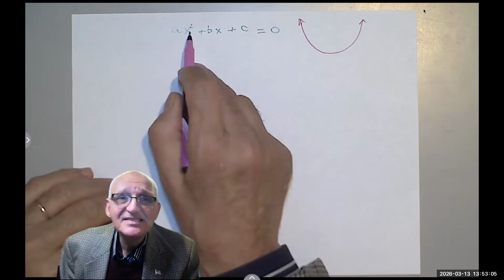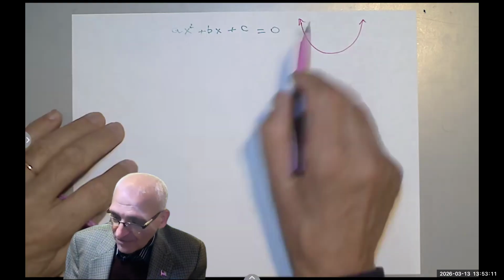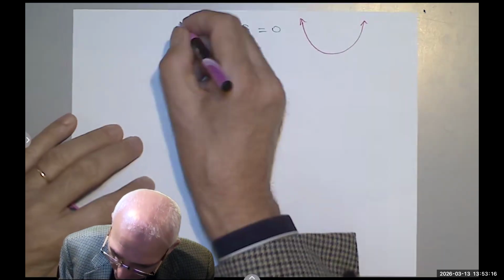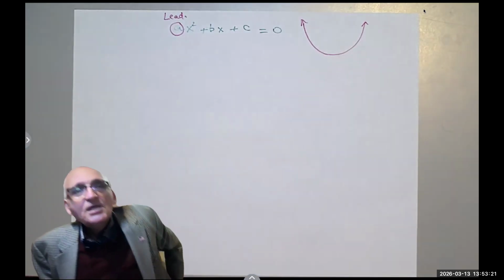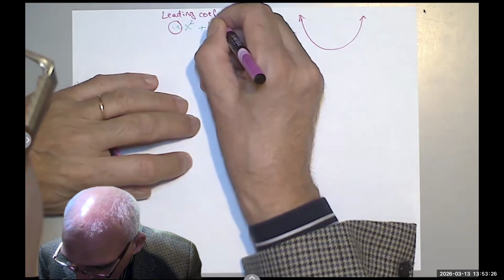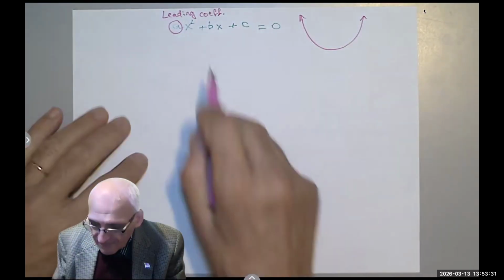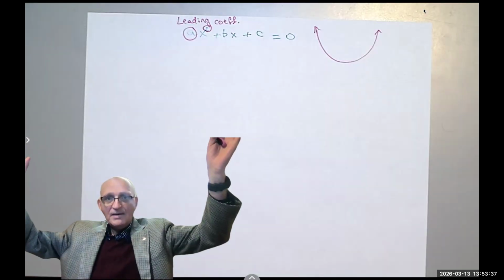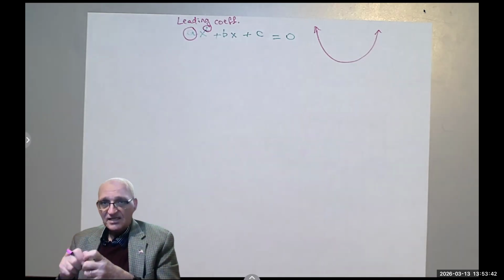If that degree is even, meaning 2, 4, 6, 100, it doesn't matter, the two branches will either both open up if the leading coefficient is positive, or both go down if the leading coefficient is negative.